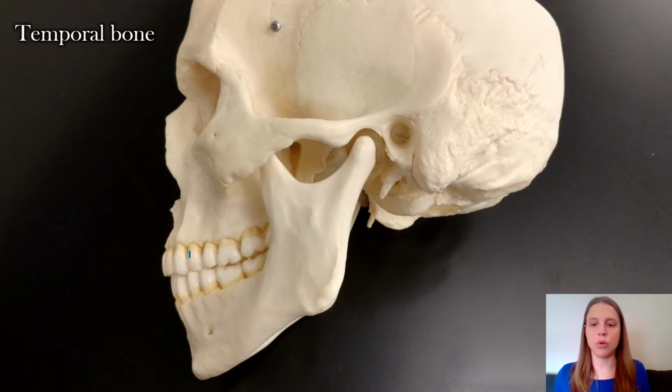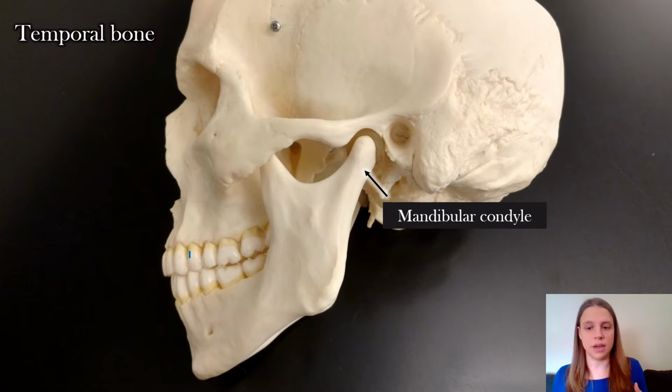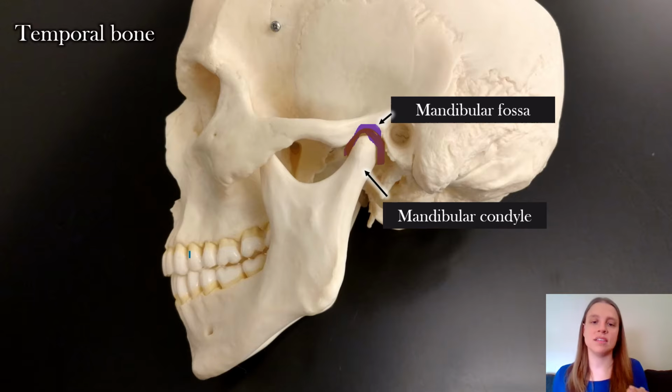So the temporal bone on the side of your head, there's the mandibular condyle, which is part of the mandible, but the mandibular condyle sits inside of the mandibular fossa to make up the temporomandibular joint.